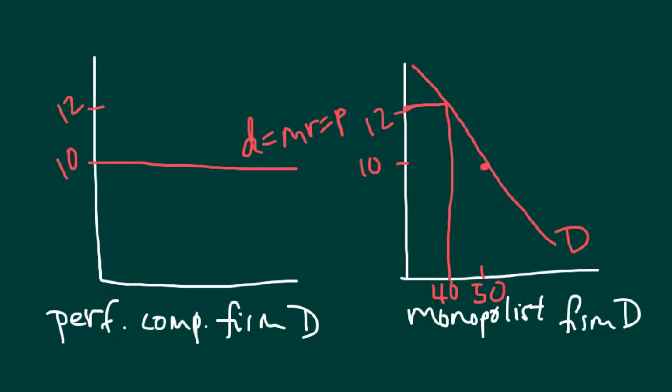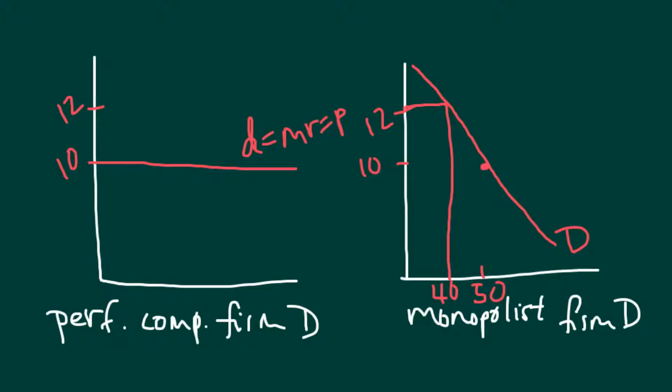Now, this is going to be very important for the next little bit we want to look at. If we look back over the firm, we have demand equals price equals marginal revenue. What's going to happen over here is going to be just a little bit more complicated.